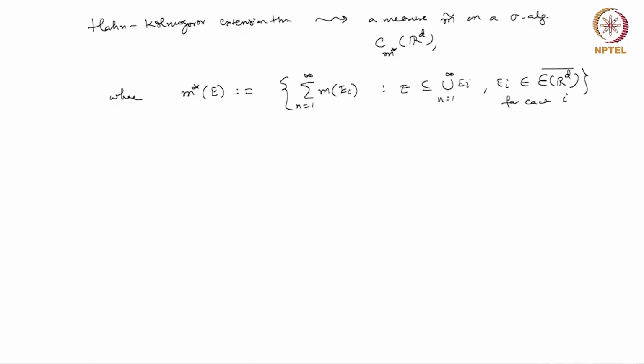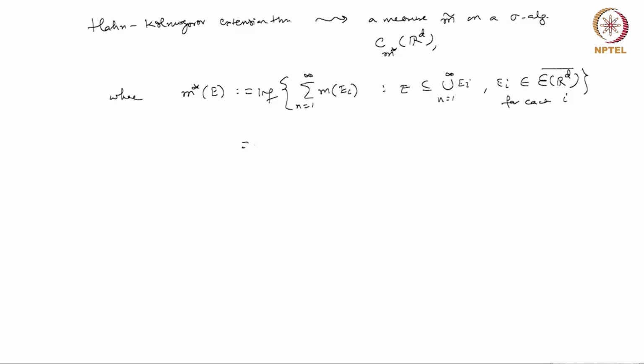Of course, if one of these is co-elementary, then we can discard this. So this is an infimum over such things. So we can discard those covers, because then you will get plus infinity in the sum.